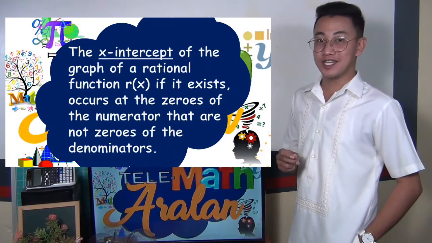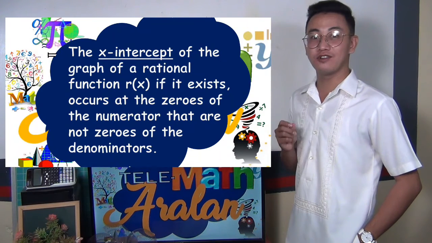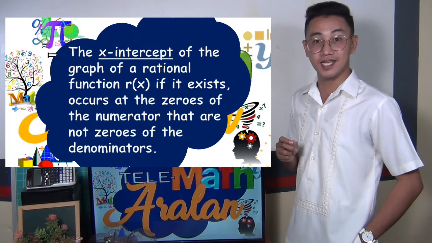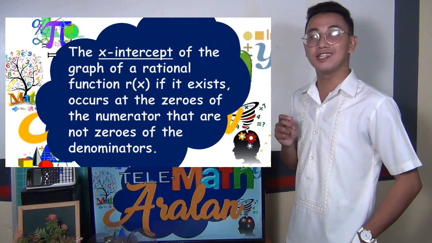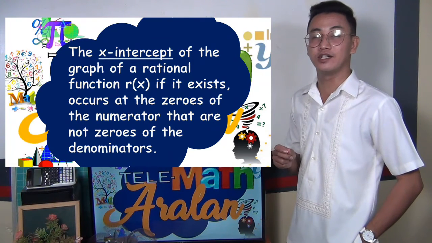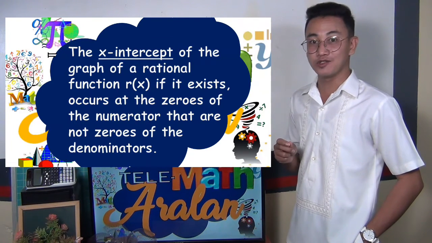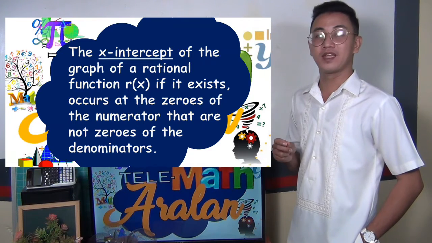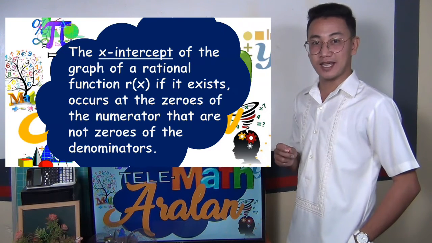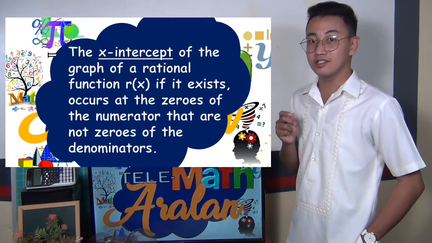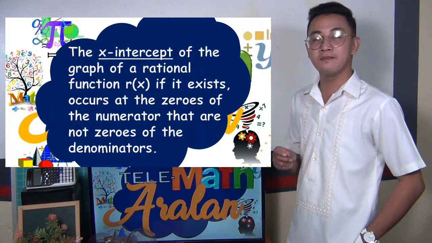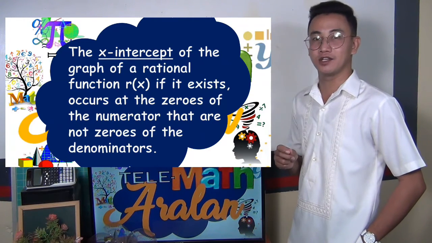The x-intercept of the graph of a rational function r of x, if it exists, occurs at the zeros of the numerator that are not zeros of the denominator. To find the x-intercept, equate the function to 0 or simply equate the numerator to 0.